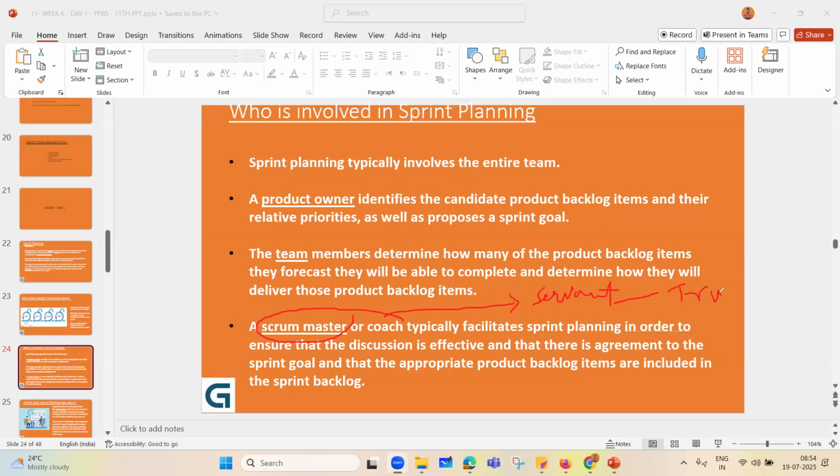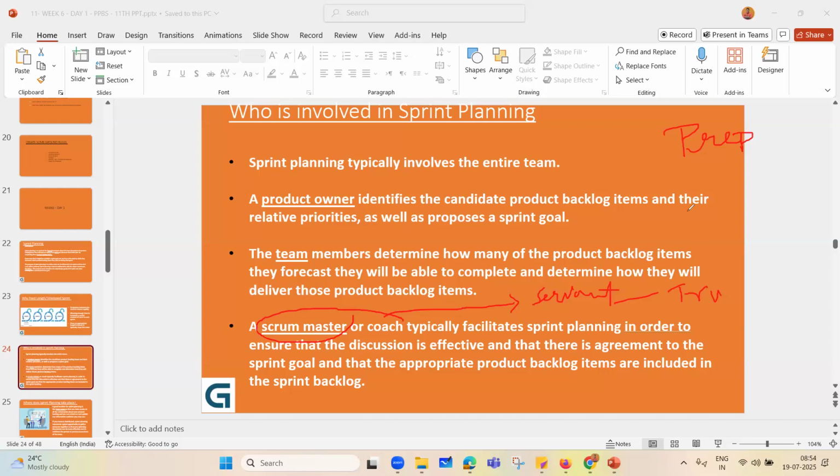When true leadership comes in, it means that you do the pre-preparatory work. Pre-preparatory work means everyone is participating, everyone turns up, the time box is done, the meeting room is in place, whatever sticky notes, pens, and papers are required, chairs, conference room or web conferencing is required, everything is there at that location.